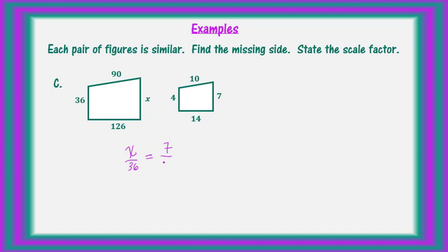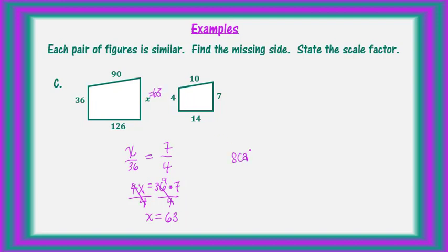Corresponding side to 36 is 4. Cross multiplying, I get 4x equals 36 times 7. Divide both sides by 4. 4 divided into 36 is 9. 9 times 7 equals 63. Therefore, this missing side is 63.